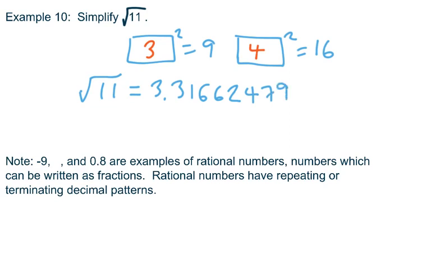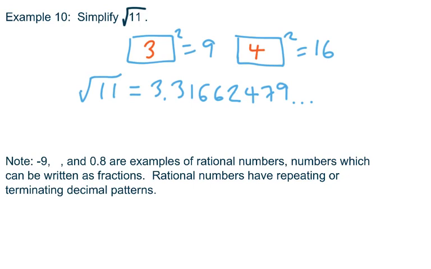Oh, no wonder I couldn't come up with that. That's a bit complicated. And in fact, this is only an approximation. This decimal pattern really continues forever and ever. And if you notice there is no logic or pattern in those numbers, it seems to continue on ad infinitum without any repeating or terminating. We have a name for that, and we're going to look at that in a minute.